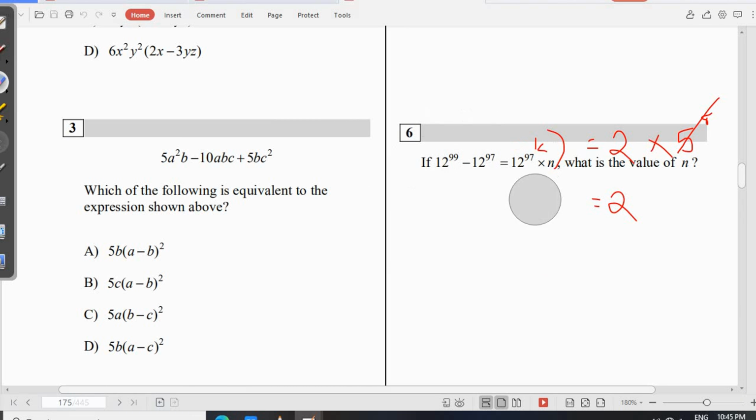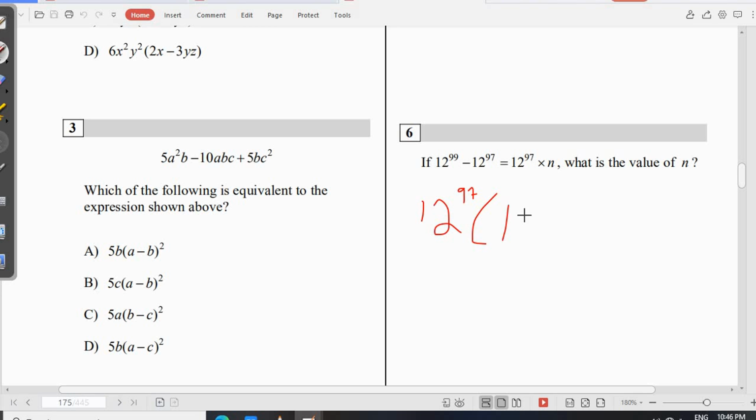Next one is 12 raised to power 99 minus 12 raised to power 97 equals 12 raised to power 97 times n. So same thing, you just do exactly the same thing. 12 raised to power 97 into 12 raised to power 2 minus 1. This is a no calculator section, as you could see.